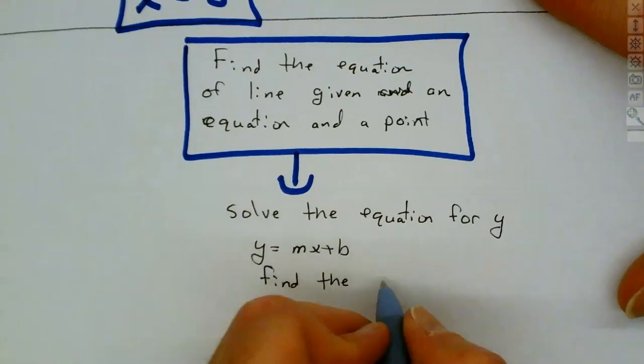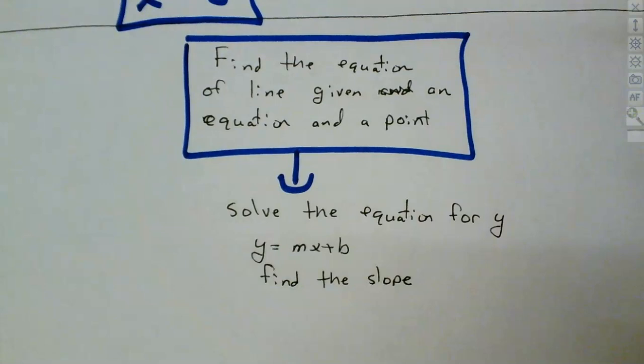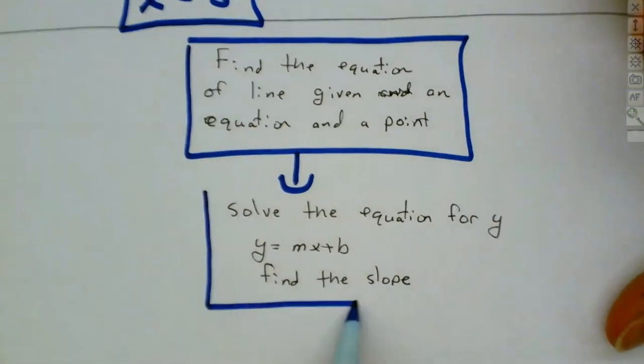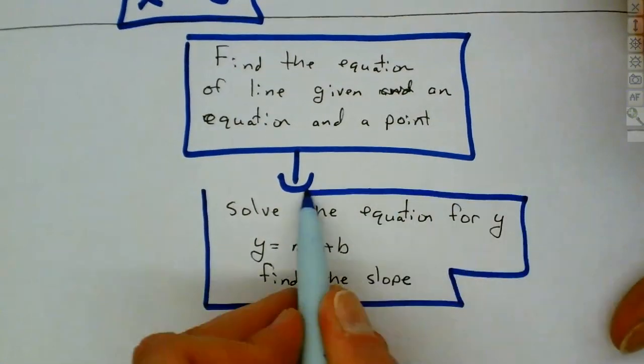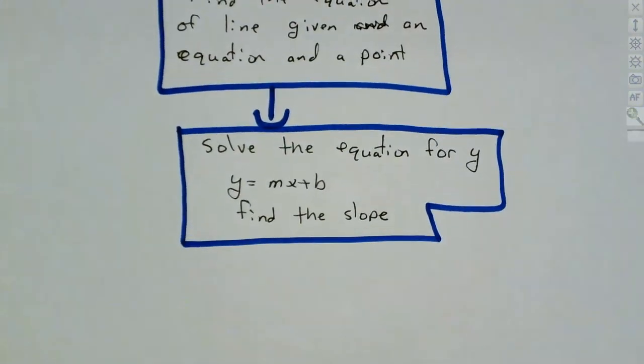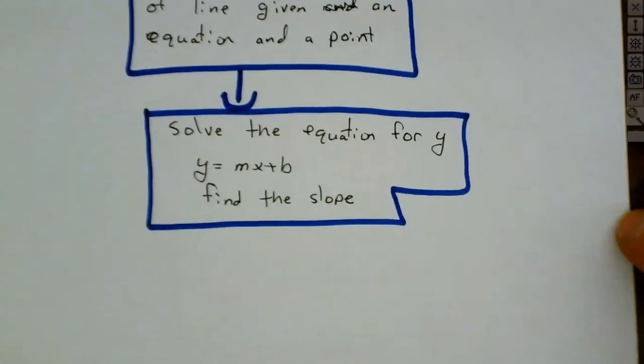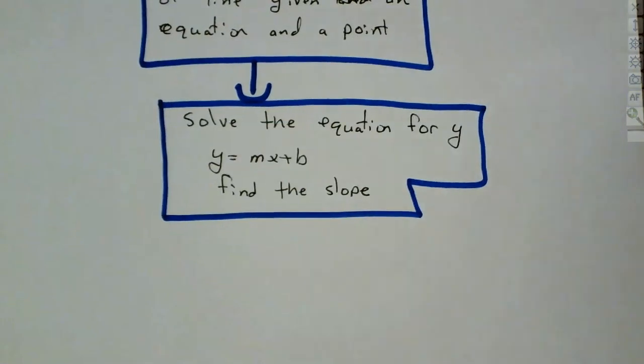So find the m. So that's the first thing that you do, is you take the provided equation and you solve it for y, and that's going to give you the slope. Now from here, there are two different choices. It's either going to be parallel or it's going to be perpendicular.